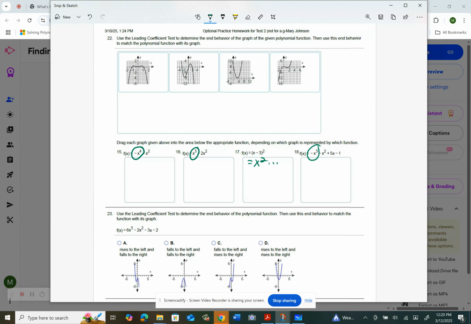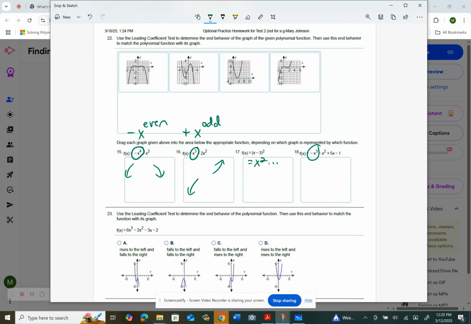Looking just at those leading terms, this first one is going to have both ends down because it's negative x even. So it should look like a parabola that opens down. This one is positive x to some odd number, so the ends go in opposite directions and are basically rising.